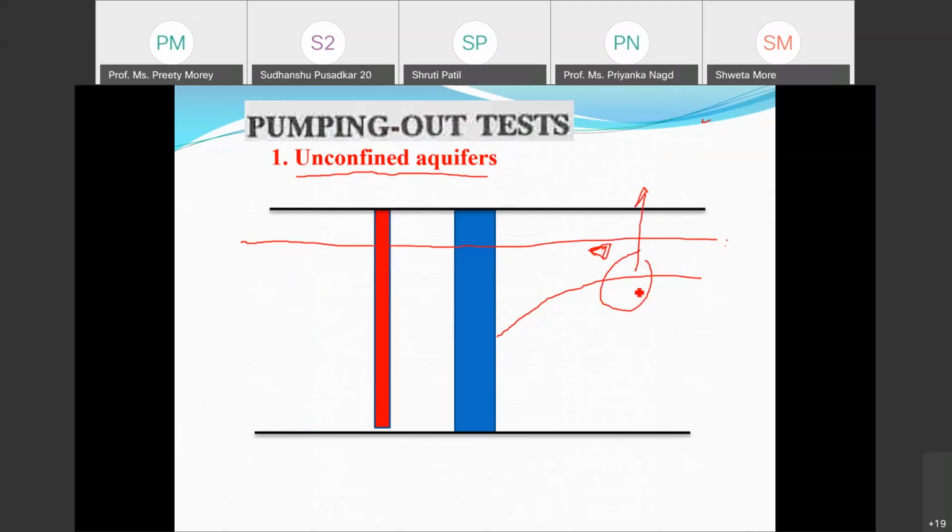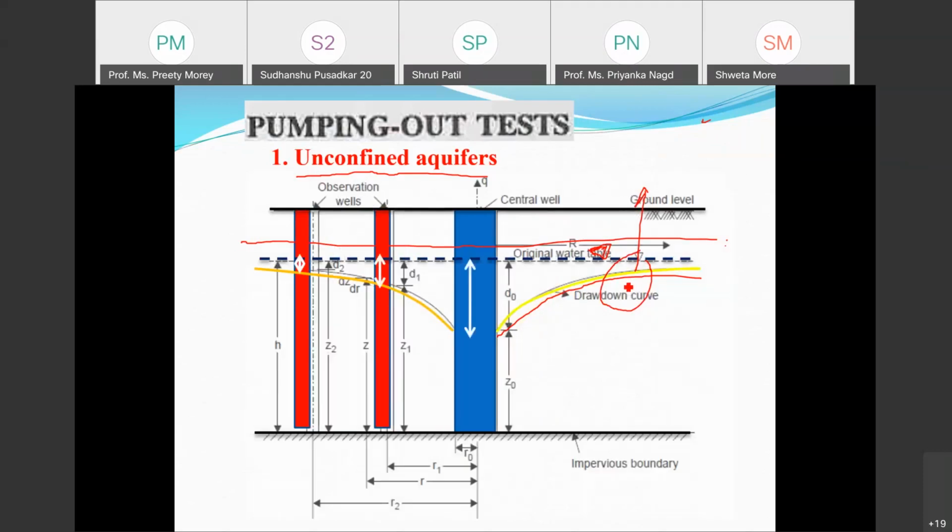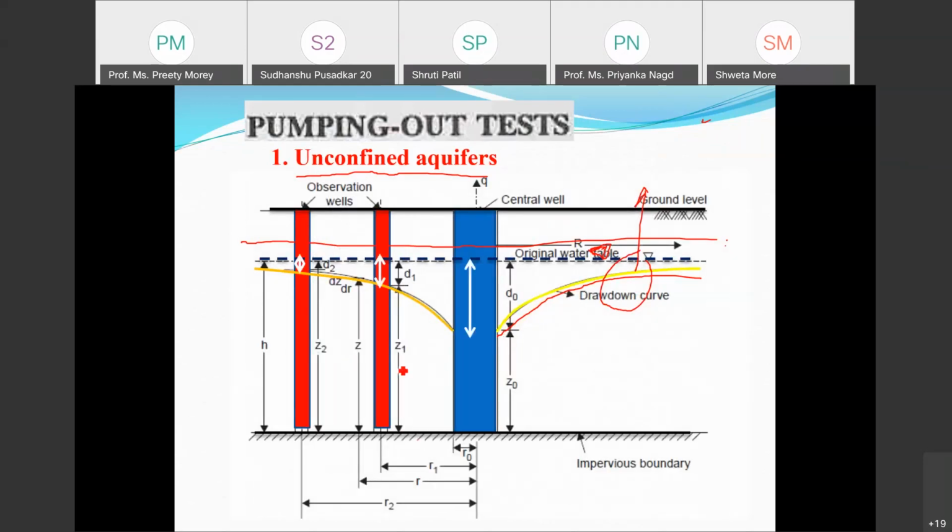So you get this deflected shape, and then you measure this head. What measurements do I require? I require the radius at which these observatory wells are placed, and the water level before starting pumping out water, and after the drawdown curve is followed.